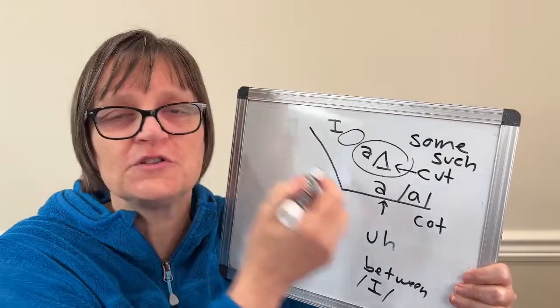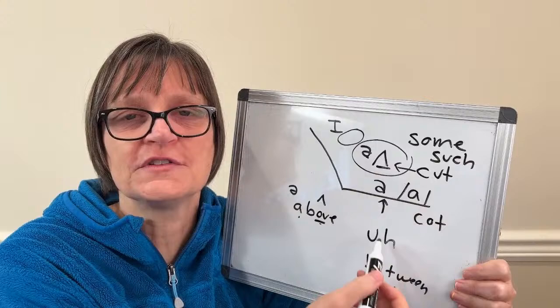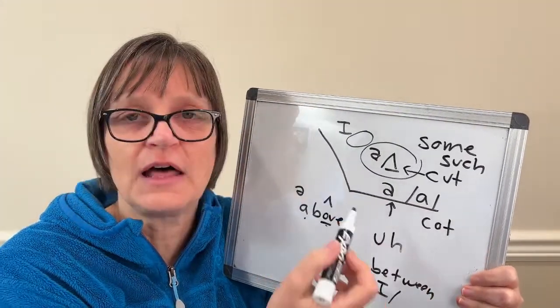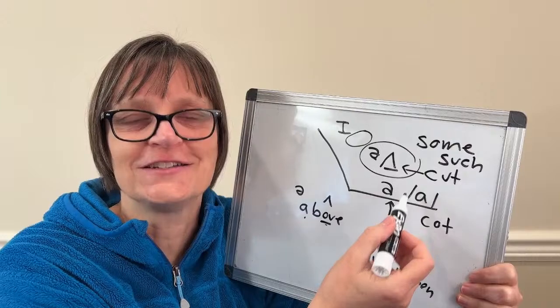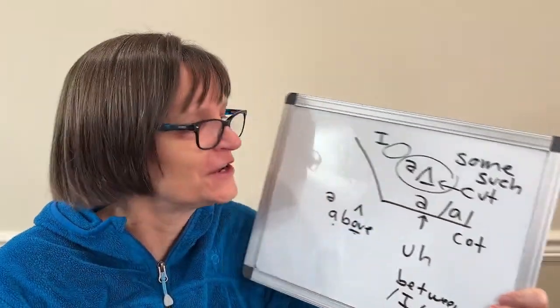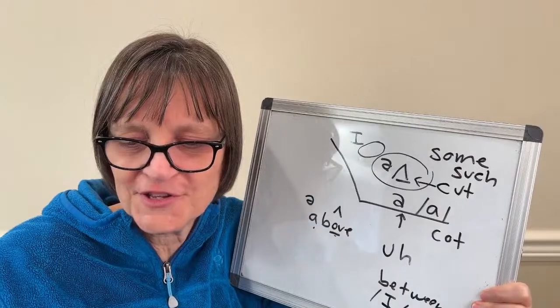I do have a video talking about schwa versus ah, which you might find helpful, giving you a lot of examples like "cut" and "caught," where you can hear and feel that difference in the tongue position. Great question. Thank you so much.